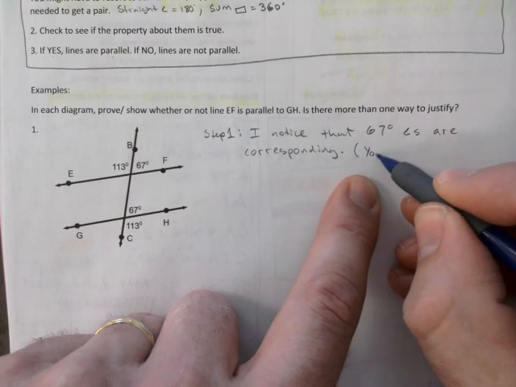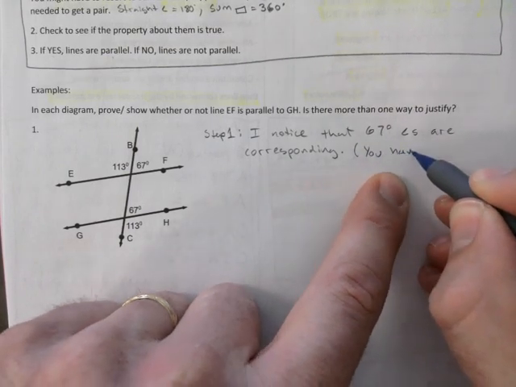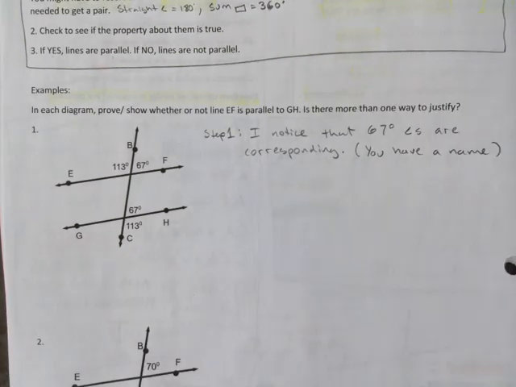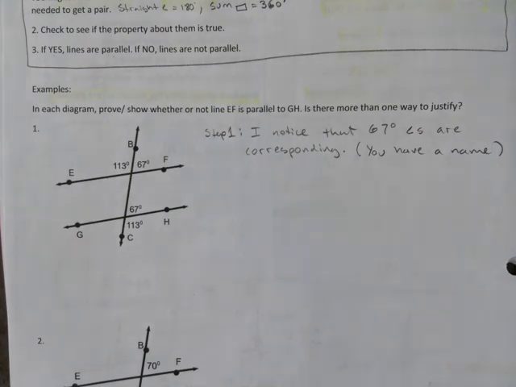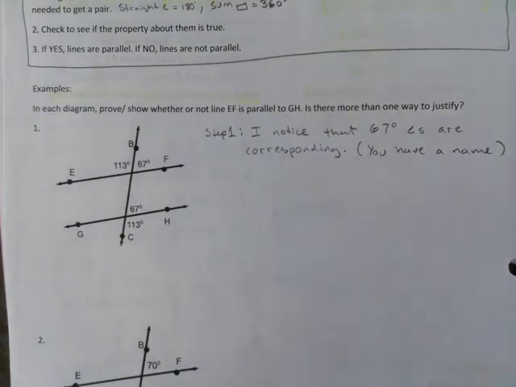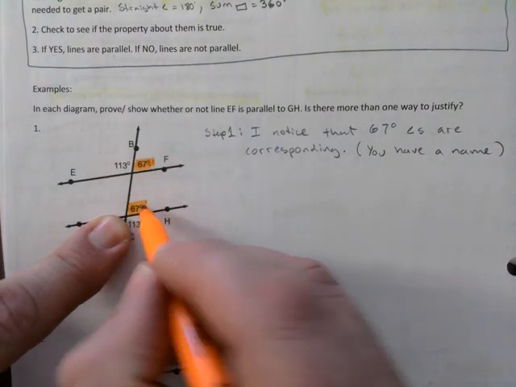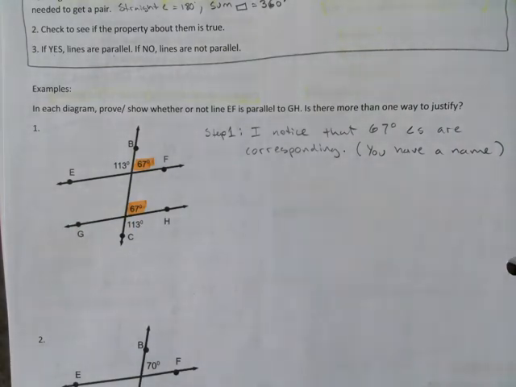You have a name, because not all angles have a name, guys. Not all angles are related by a name. But I noticed the 67, right off the bat, and I have a name for those two, actually. That's corresponding.